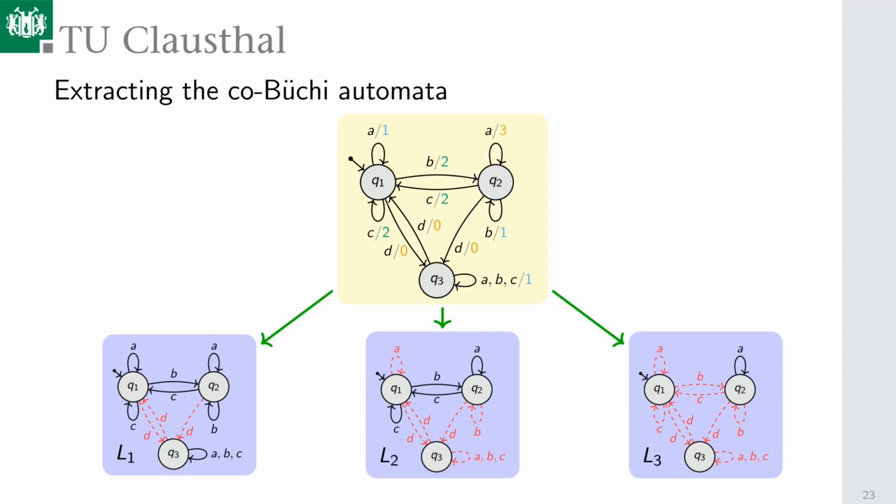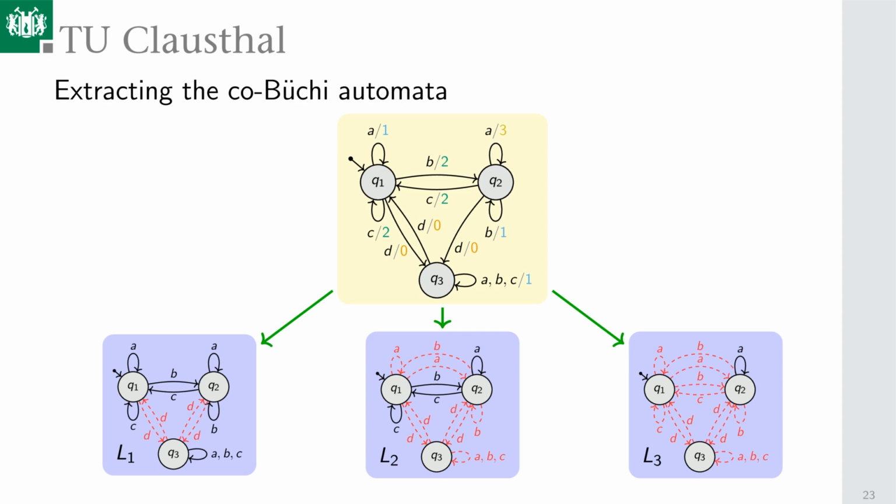However, whenever there's a rejecting transition to some state in the resulting co-Büchi automaton, we add some more transitions. These have the same predecessor state and have the same label, but they lead to different states in the co-Büchi automaton, for which the corresponding parity automaton state has the same language.